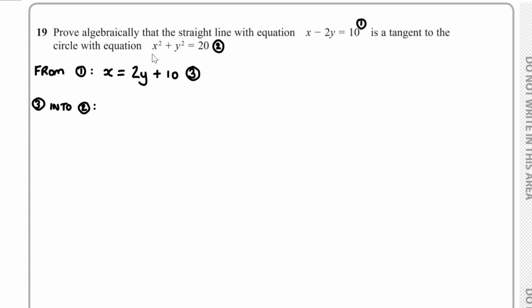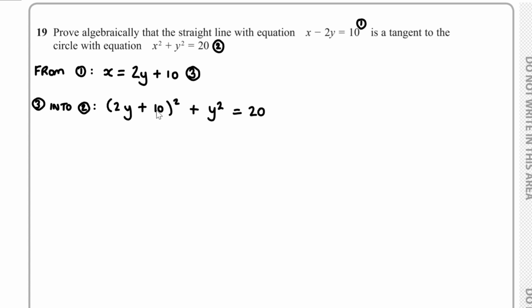So if we do that, we've got x squared, so we've got 2y plus 10 all squared, plus y squared. This is equal to 20.